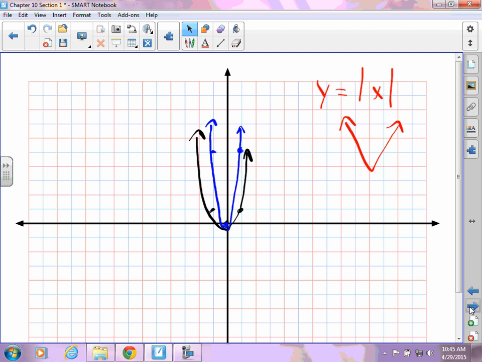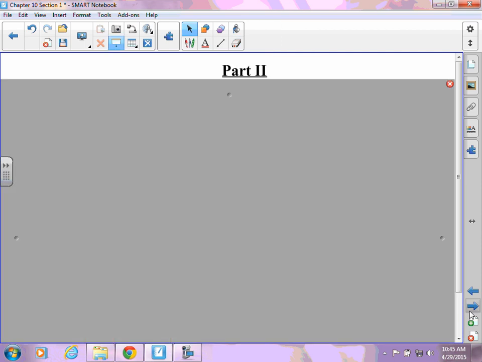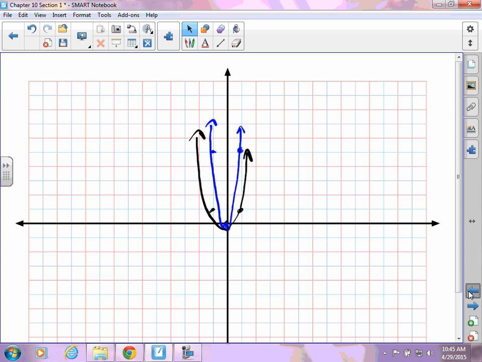Okay? Let's go ahead then and compare, because it says to compare the graphs. How is the kid compared to the mom and dad? It's skinnier, and we call that a vertical stretch. Yep.